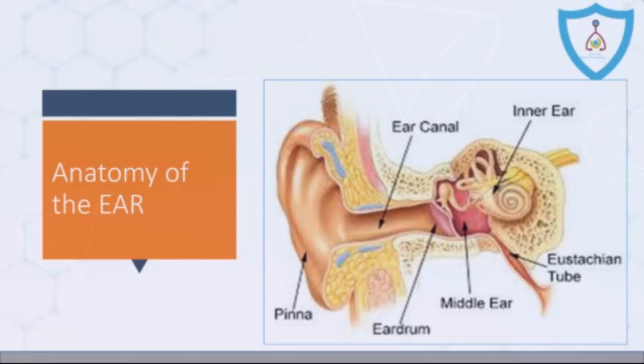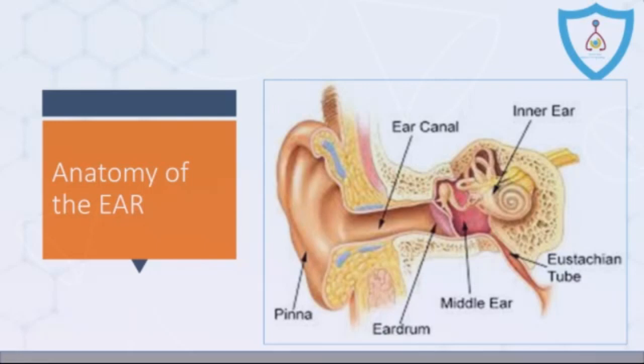So the middle ear is also connected to the nasopharynx by what we call the eustachian tube. There's an anatomical name, sorry, I'm just not getting this right now, but I'll be able to tell you. So the eustachian tube opens from the middle ear to the nasopharynx.